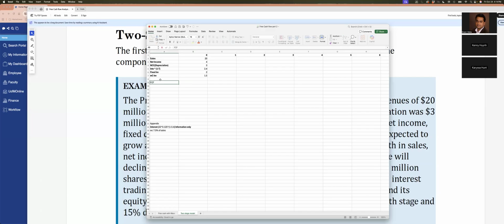Free cash flow for firm equals, do I need to put the formula? You can do it by yourself. I already did in the last class, right? Net income plus depreciation plus interest times 1 minus T, minus fixed cap investments, minus working cap investments.